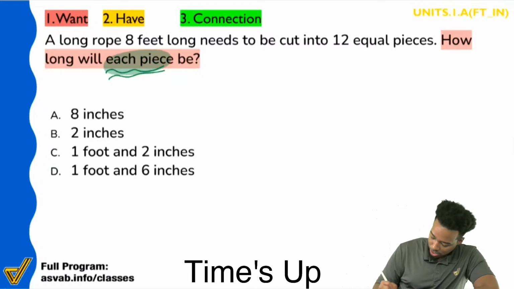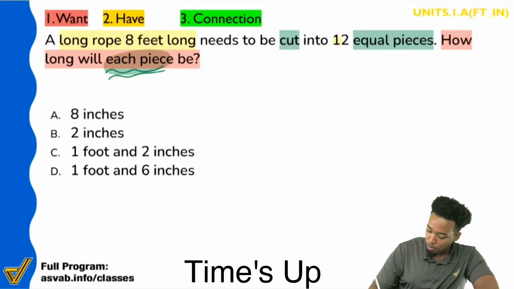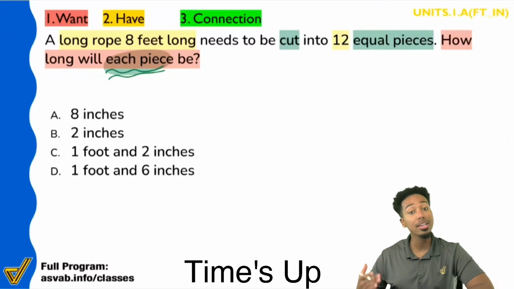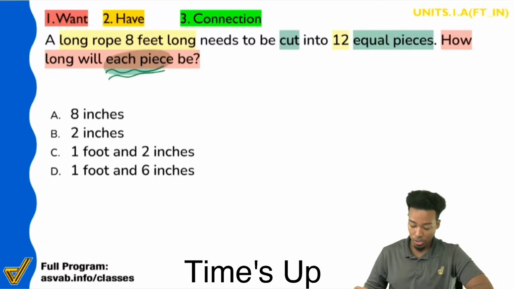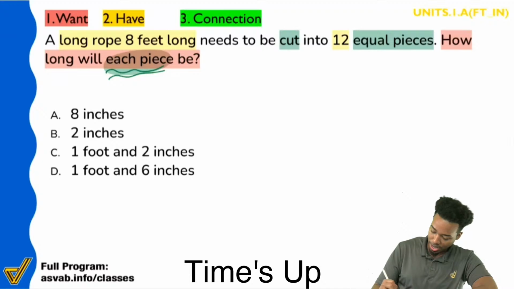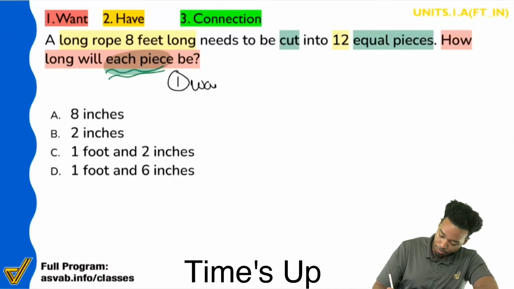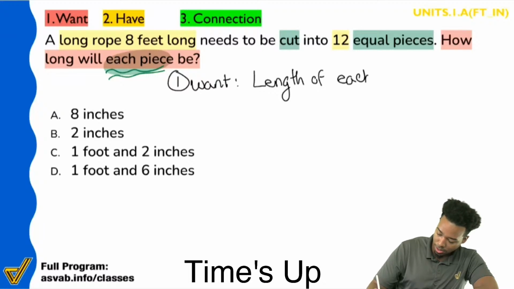and then it says over here, a long rope 8 feet long needs to be cut into 12 equal pieces. That's another big clue. That's another massive clue that we're dividing. So basically, here's what we have. We want length of each piece right there.